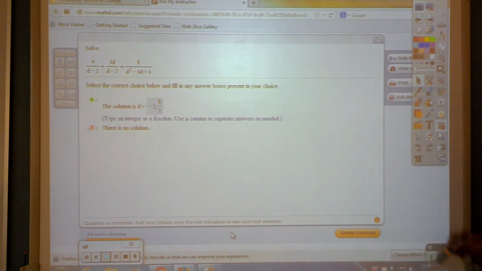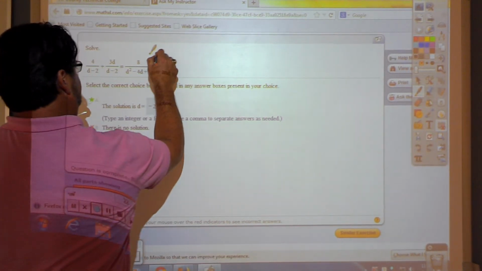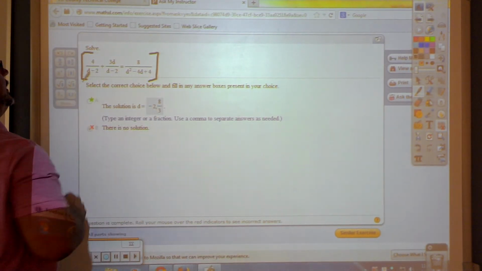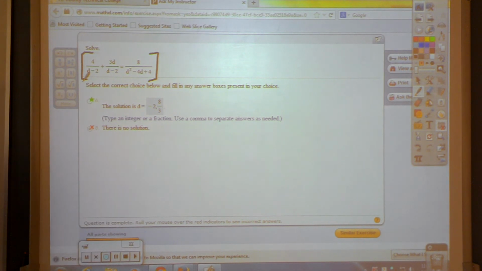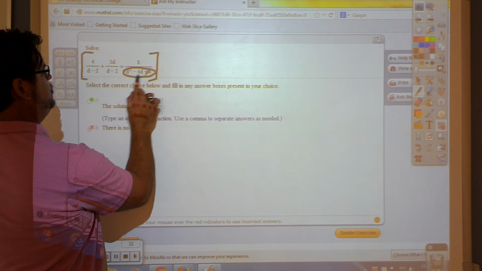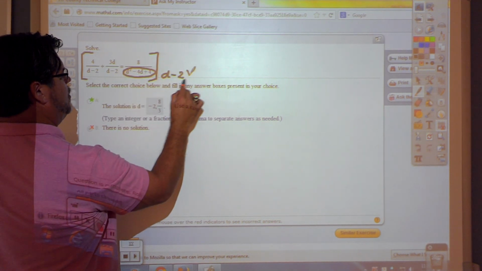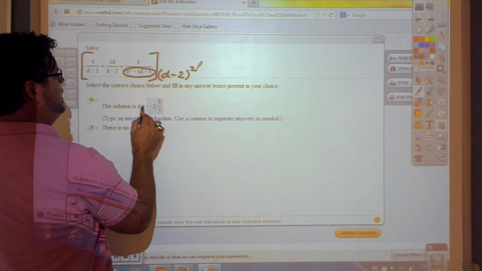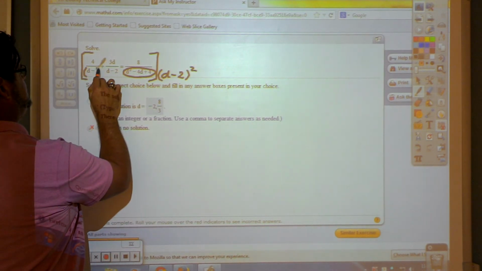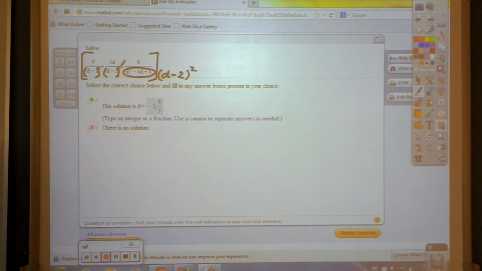Alright, the common denominator is what? D minus 2 squared, because this is shortcut number 2. This is D minus 2 to the first, this is D minus 2 to the first, and what do we always do when we find the common denominator?